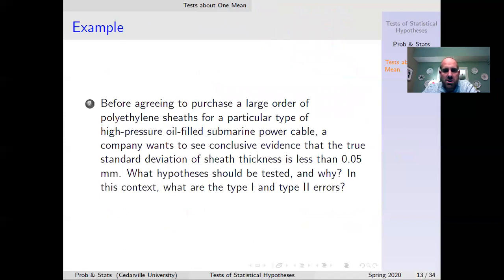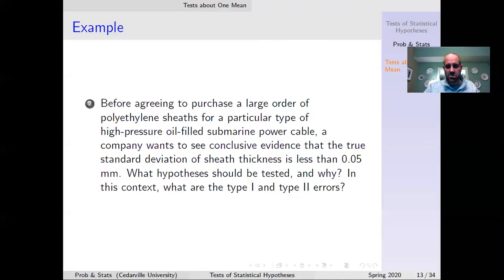Before agreeing to purchase a large order of polyethylene sheaths for a particular type of high-pressure, oil-filled submarine power cable, a company wants to see conclusive evidence that the true standard deviation of sheath thickness is less than 0.05 millimeters.